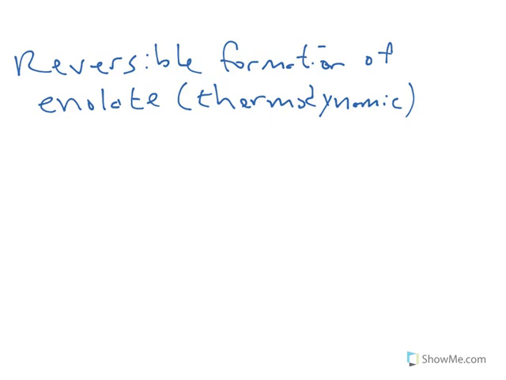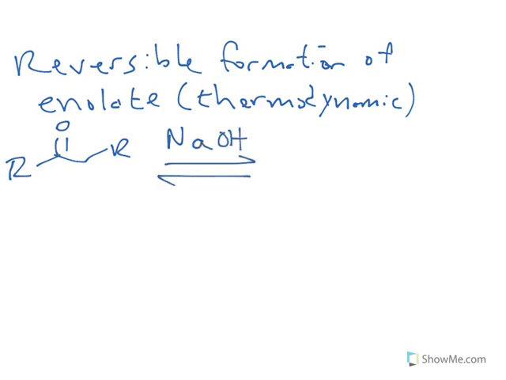So reversible formation of enolates helps with thermodynamics. You're going to want to take something like sodium hydroxide. What is our enolate going to look like? That, so there's our alpha position. Sodium hydroxide gives us the reversible formation of an enolate.